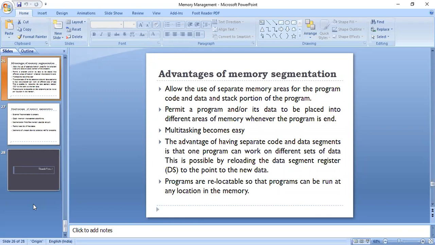By using segmentation, multitasking becomes very easy, and we can easily reallocate the entire address space.